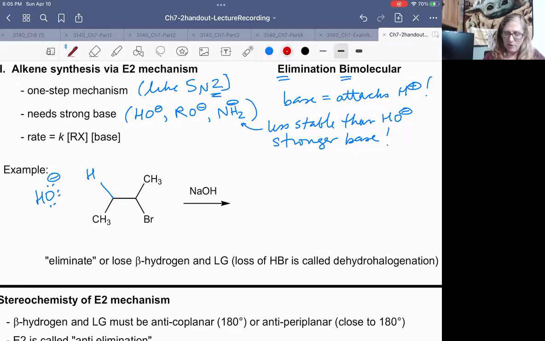So if we use our curved arrows, it's going to attack the proton. And normally when we do a proton transfer, a deprotonation, we would just put the electrons right here, right? That's usually what our deprotonation mechanism looks like, but we're not just deprotonating, because what we have right next door is a leaving group.